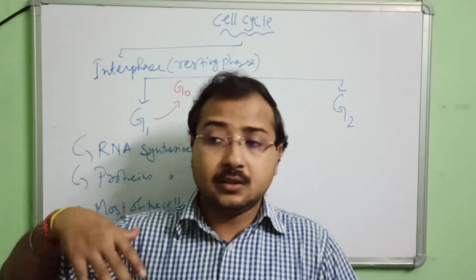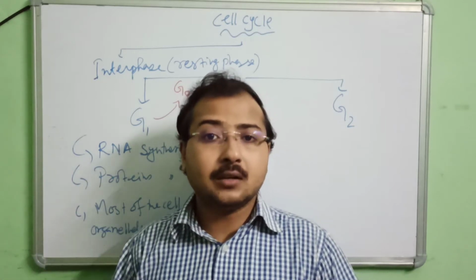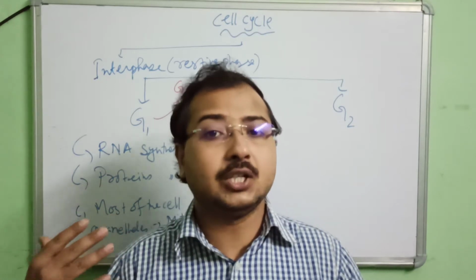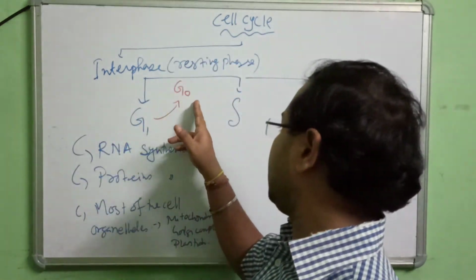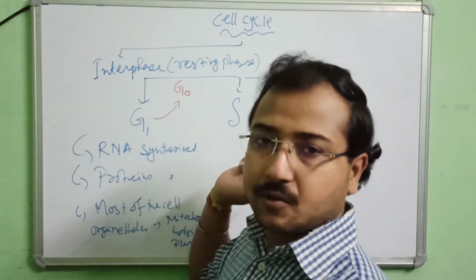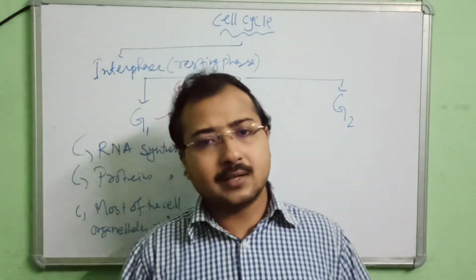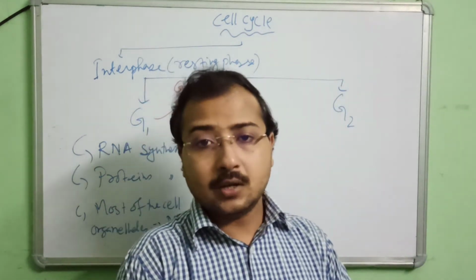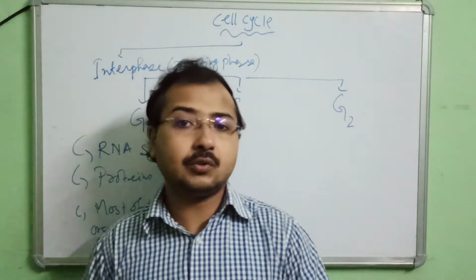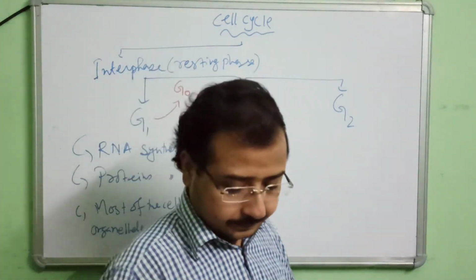Whenever the particular nutrient is available in the body, the cell will get sufficient nutrients and again undergo the further process of cell division. So this is one reason that cells undergo G0 phase. Two points of view I have discussed with you: when and why cells undergo G0 phase, and which cells those are.